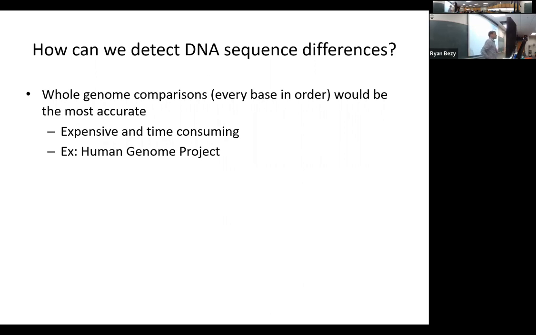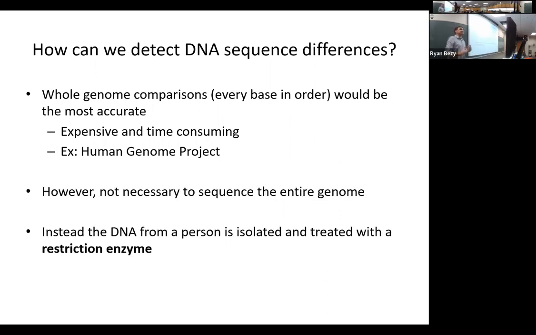Does that make sense, everybody? So we have to do some faster, less expensive techniques. And it turns out it's not necessary to sequence entire human genomes. That's a level of detail we don't need to go to determine what is called a DNA fingerprint.